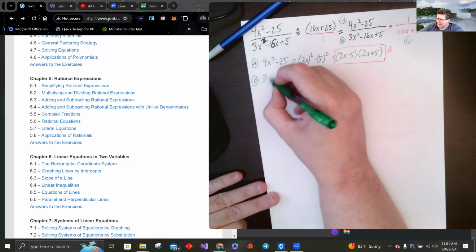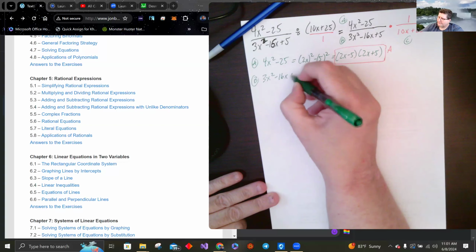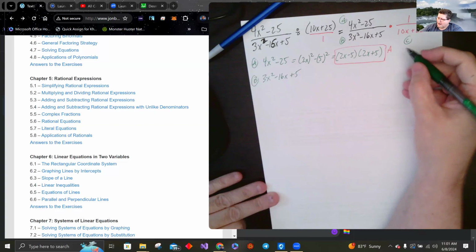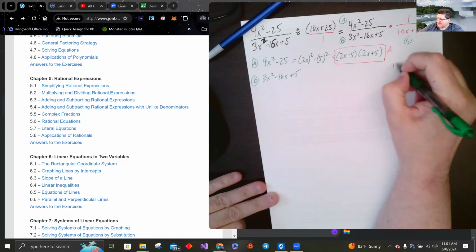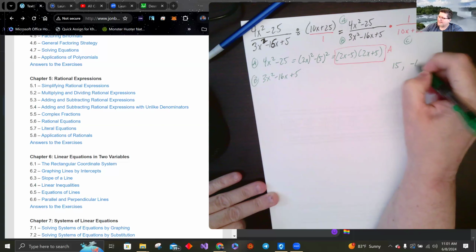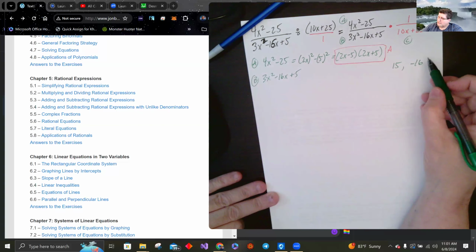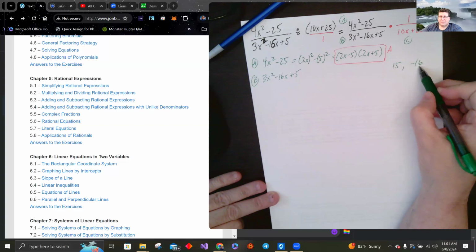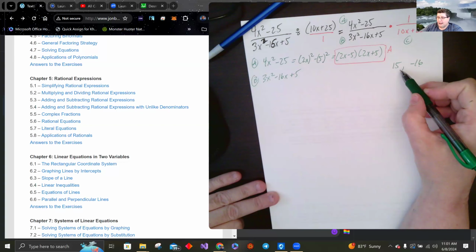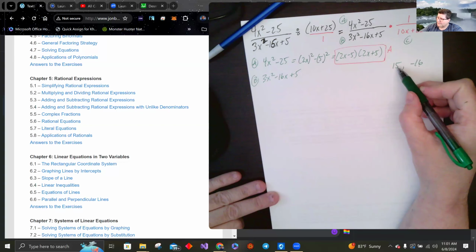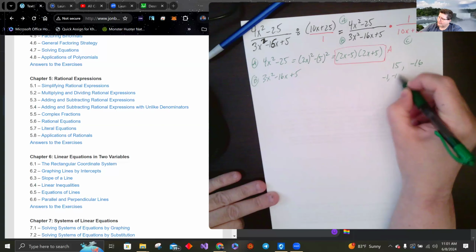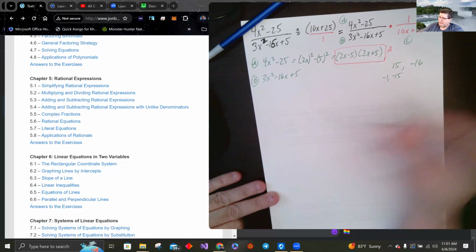3x squared minus 16x plus 5. 3 times 5 is 15, and it needs to add to negative 16. To add to a negative number, one of the numbers has to be negative. And for it to multiply to a positive number, they both have to be negative. It looks like negative 1 and negative 15.